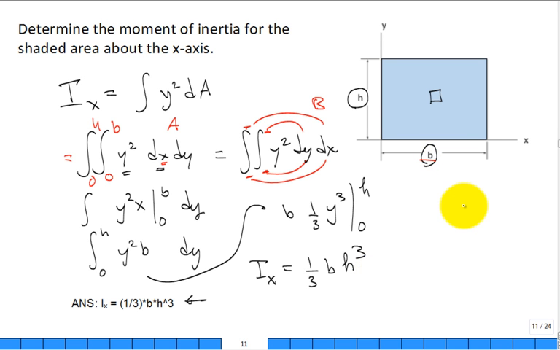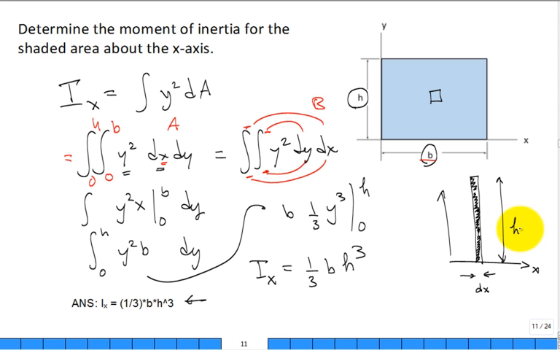Let's do this. Let's say I have a coordinate system x and y, and I have this strip. This is my little strip. That's my area. Well, how big is your area? Well, my area has dx for the base, and it has height h.